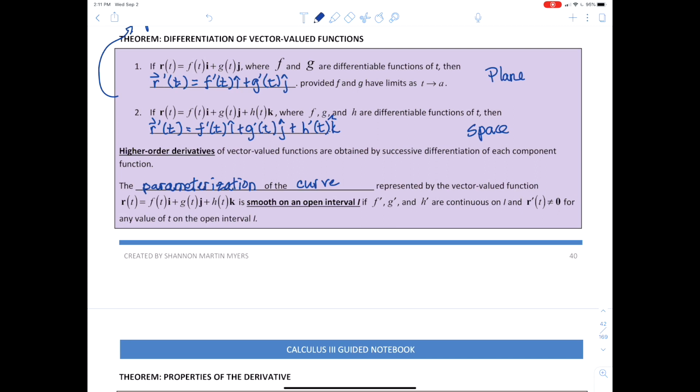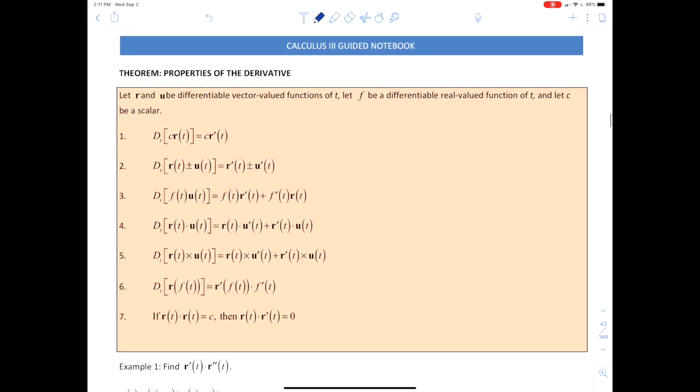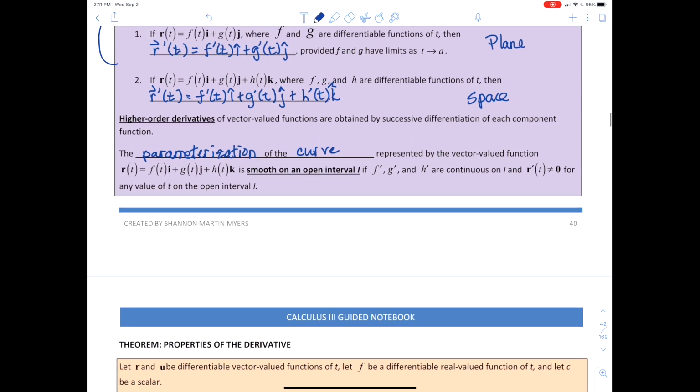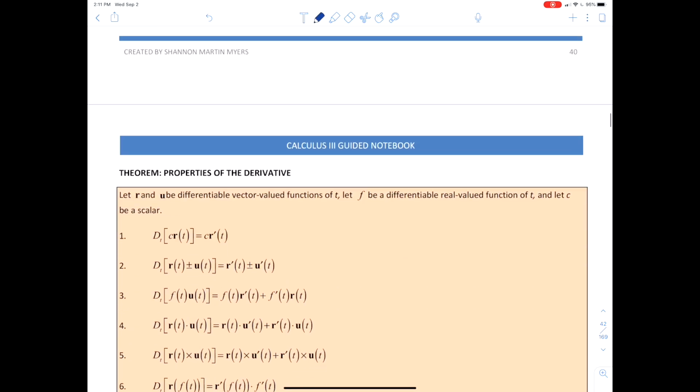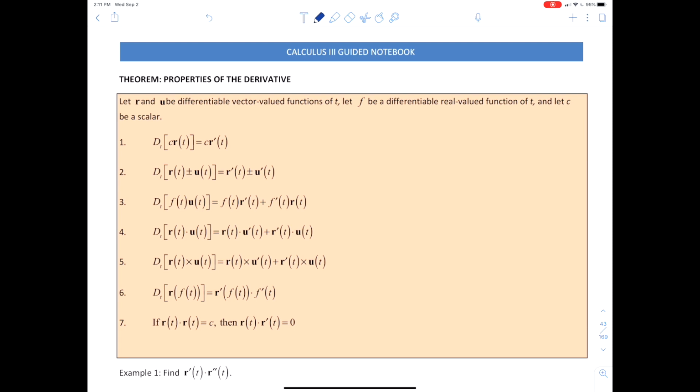All right? So that gives us a lot of options for applications. All right, so properties of the derivative.